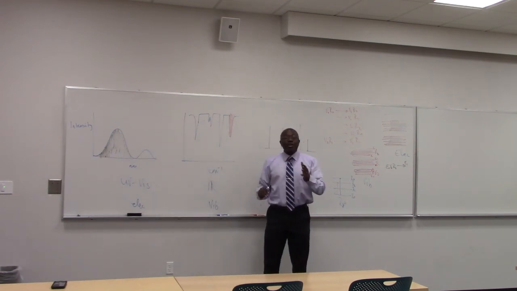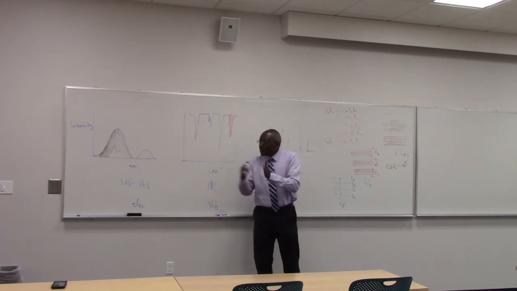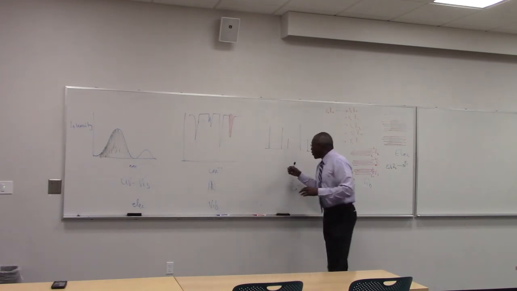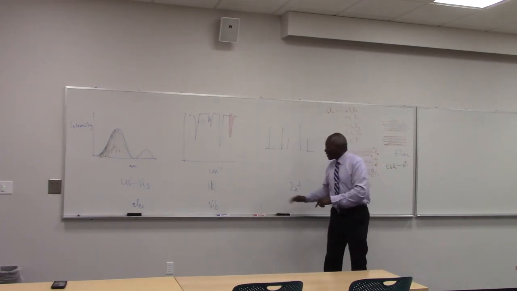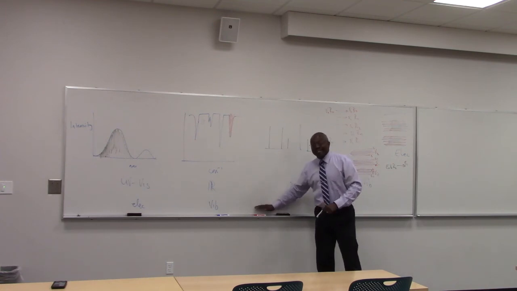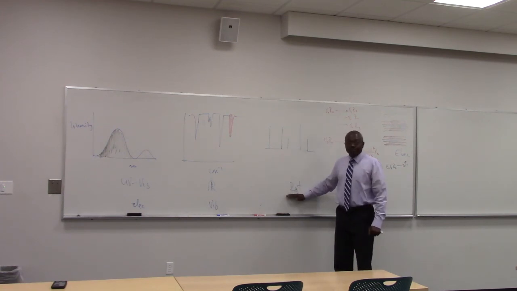IR is really vibrational, but it's adulterated with rotational. So it's somewhat broad, not as bad as electronic. The only ones that are pure are rotationals, because translation, which is next, doesn't give you spectroscopy. So I'm going to get discrete lines in the spectra for rotation.